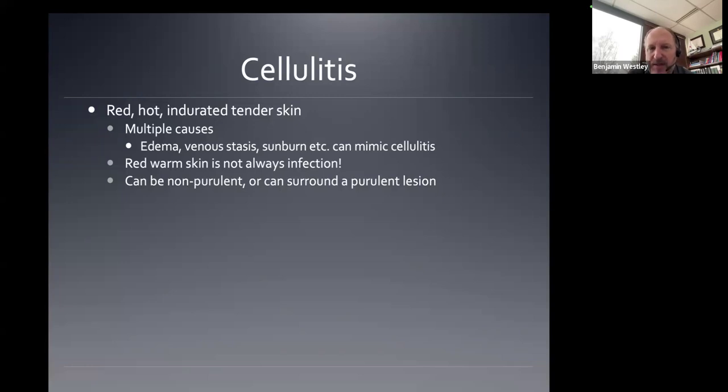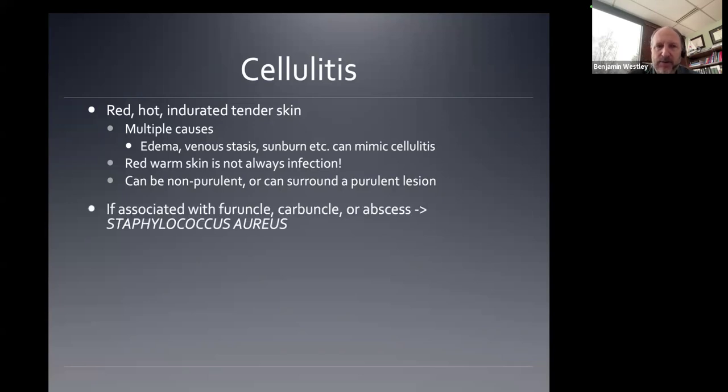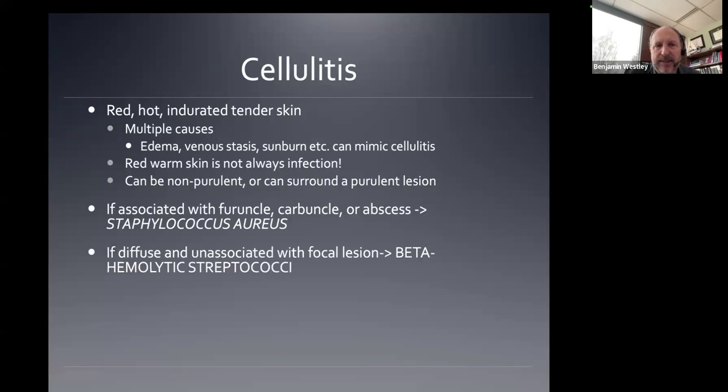Or you could have pus, like a central lesion with a furuncle or an early abscess, and then have redness spreading around that. So you can have purulent or non-purulent. If the cellulitis is spreading around a central lesion, like a furuncle or carbuncle, which is basically a bigger, hard, swollen area, that's typically a Staph aureus infection, and about 40% of those are MRSA.